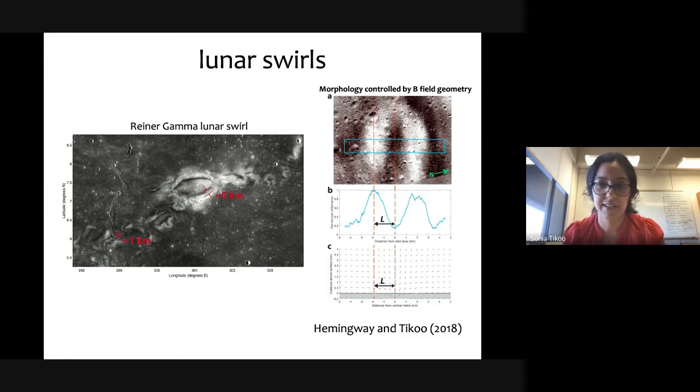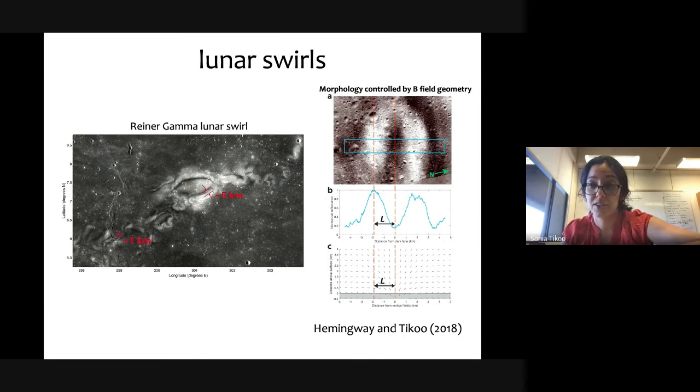The first one relates to space weathering. And so the idea there is that you have a magnetic source body and it has a field that's being emanated from that source. And in areas where the magnetic field is vertical, the charged particles from the solar wind can actually follow the field lines and interact with the lunar surface and cause darkening and space weathering.